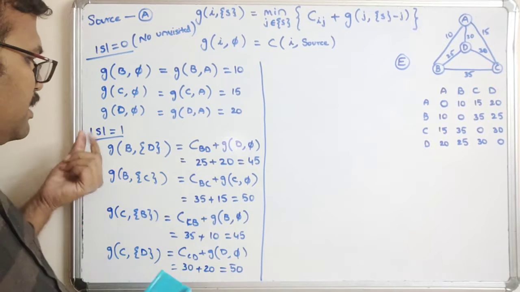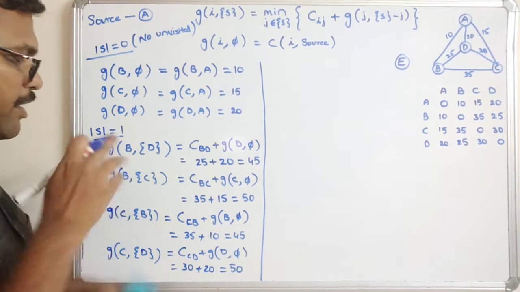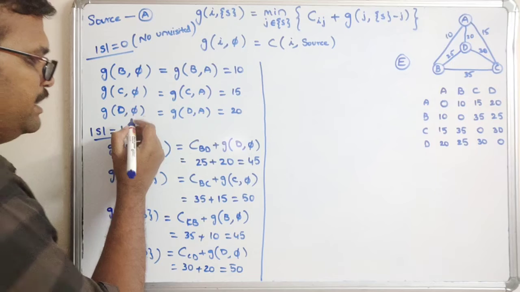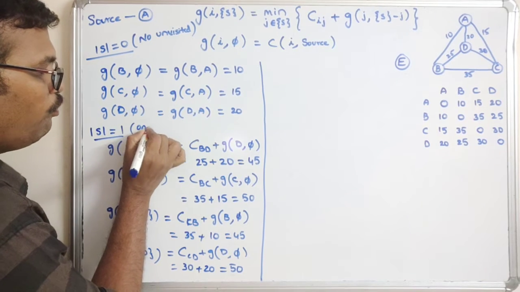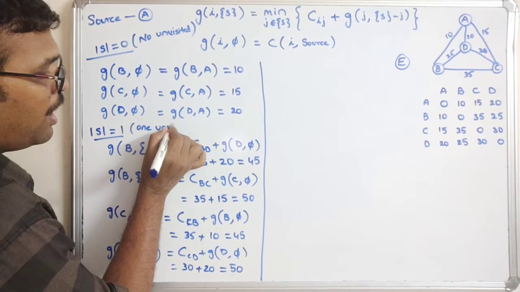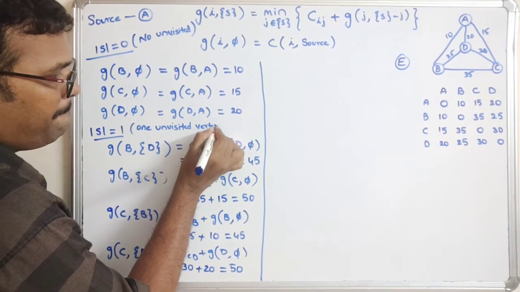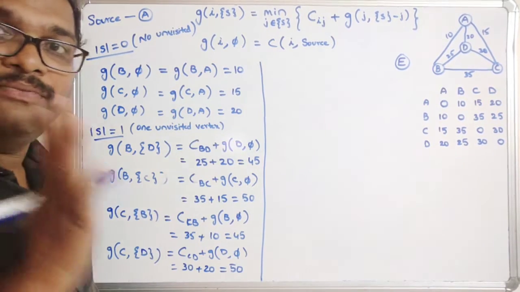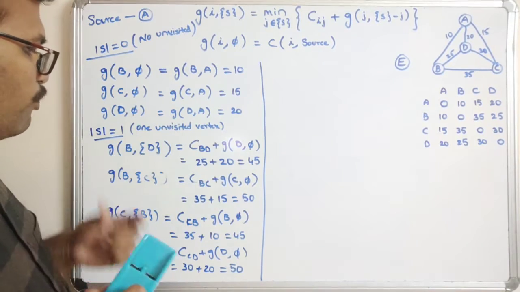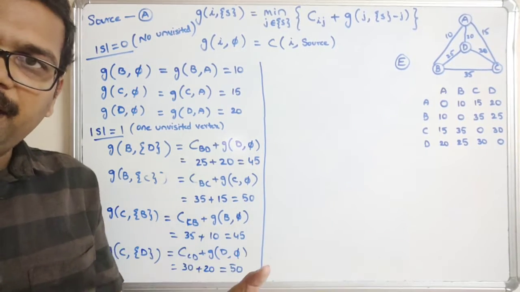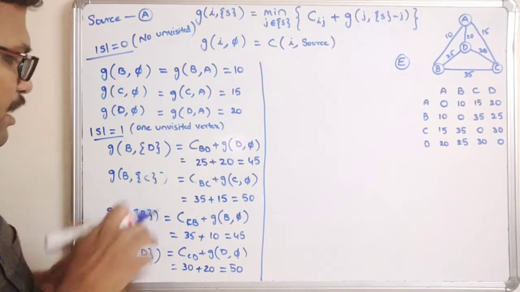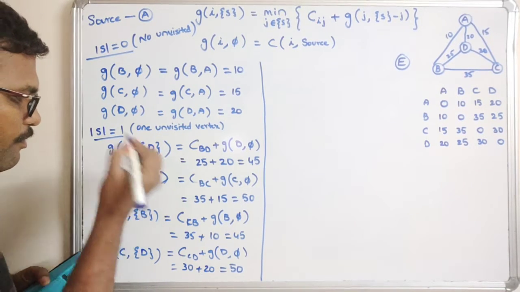Hope you understood. If the set is equal to 1, that means there is one unvisited vertex. So we need to check all the possibilities towards that unvisited vertex, right?